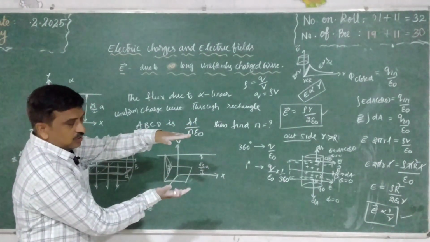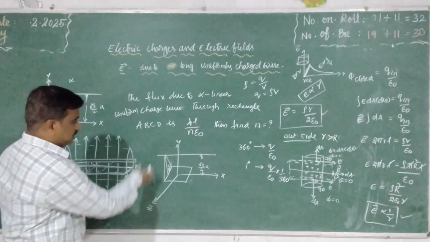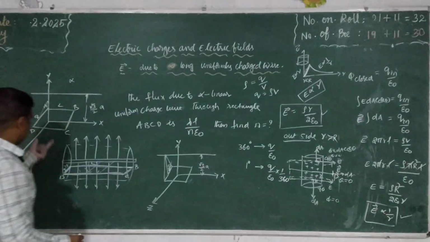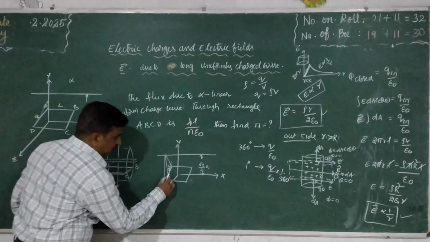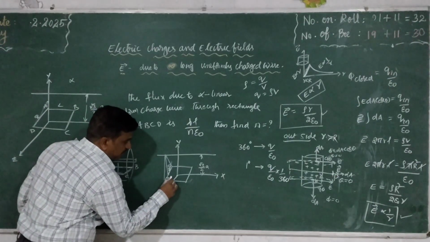This length is A, the breadth of the rectangle. The center point is here, so this distance is A by 2.